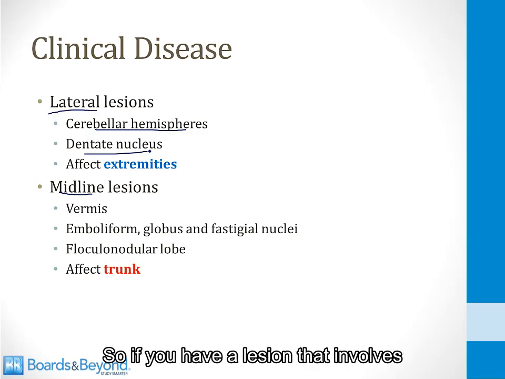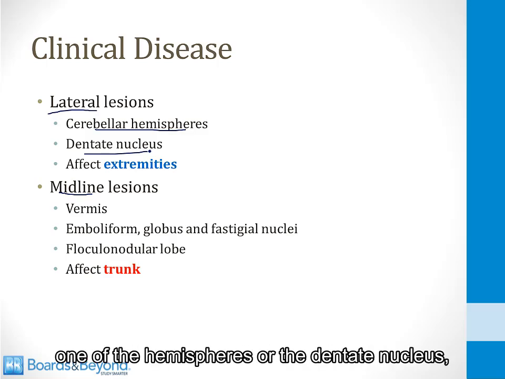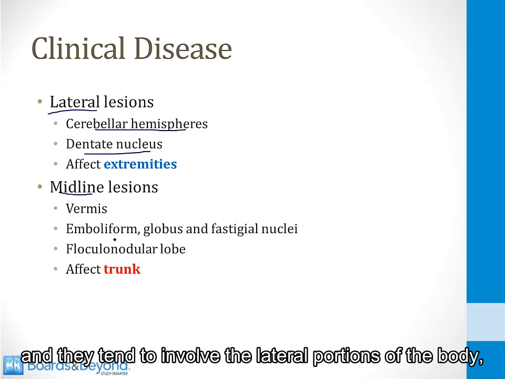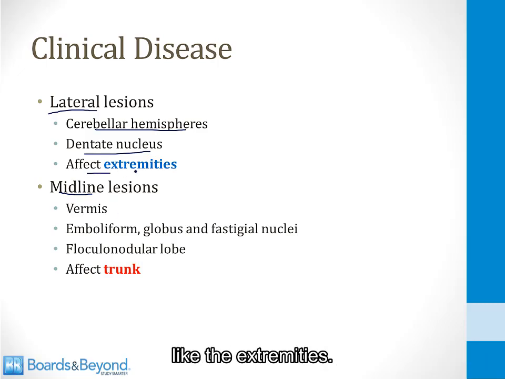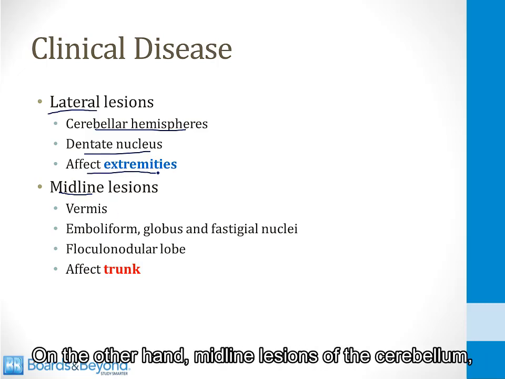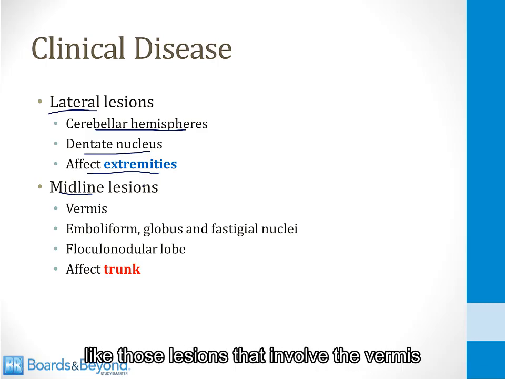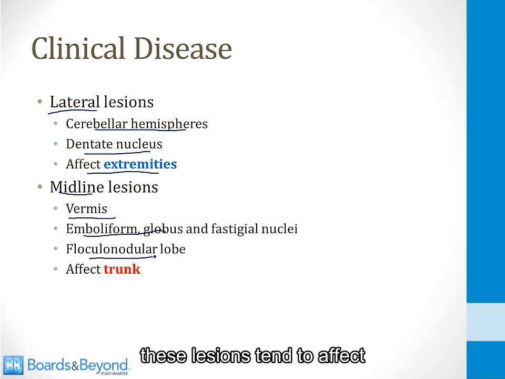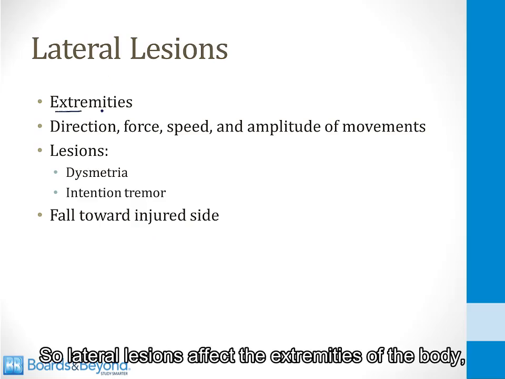So if you have a lesion that involves one of the hemispheres or the dentate nucleus, these are lateral lesions of the cerebellum, and they tend to involve the lateral portions of the body, like the extremities. On the other hand, midline lesions of the cerebellum, like those lesions that involve the vermis, or the midline deep nuclei, or the flocculonodular lobe, these lesions tend to affect the midline portion of the body, and that includes the trunk. So lateral lesions affect the extremities of the body.